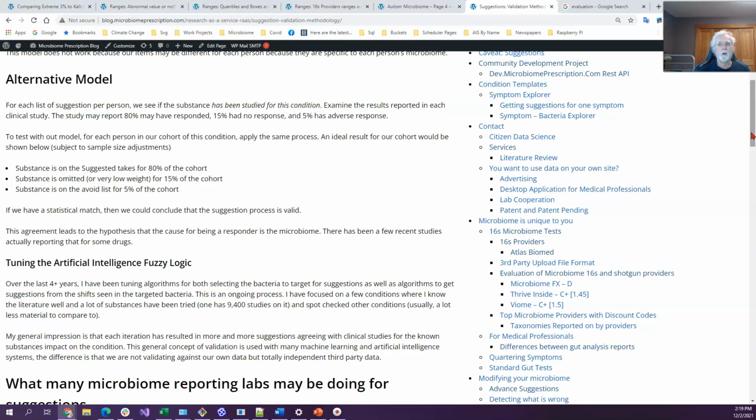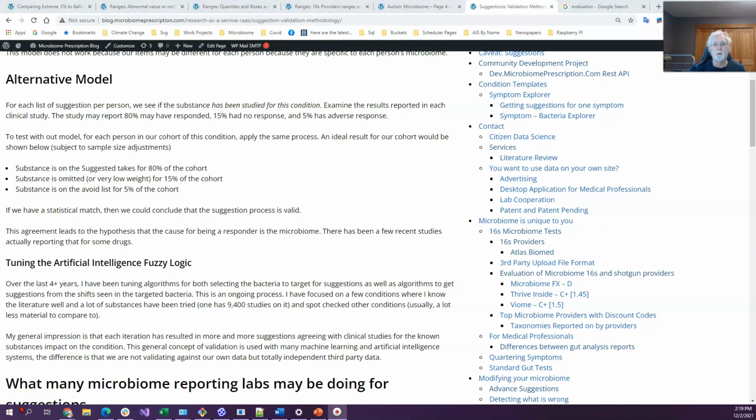And I go in, I do it, and I see what the suggestions are. And often what I will then do is take the suggestions, go over to PubMed, and see whether or not the items suggested have been studied in a clinical trial on PubMed. Often they will, perhaps anywhere between 30 and 60% of the time.